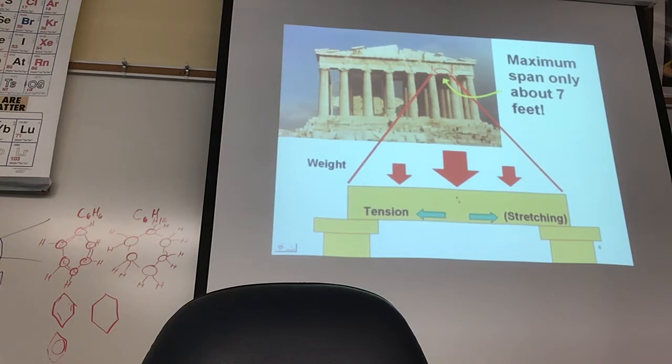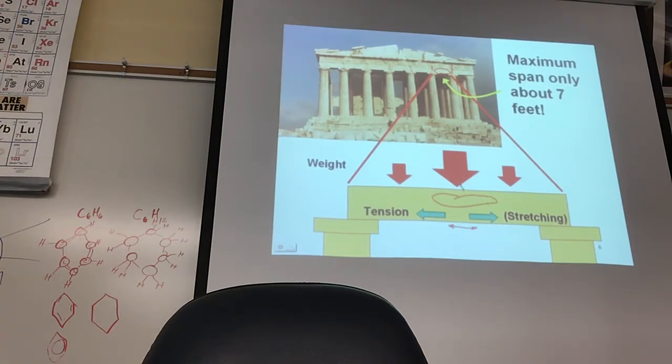But this is a heavy piece of stone, and gravity pulls it downward. Now, it turns out that when something solid like this is supported in this way, the force acting down on it tends to stretch the lower surface. And that stretching is definitely a force, it's in tension.